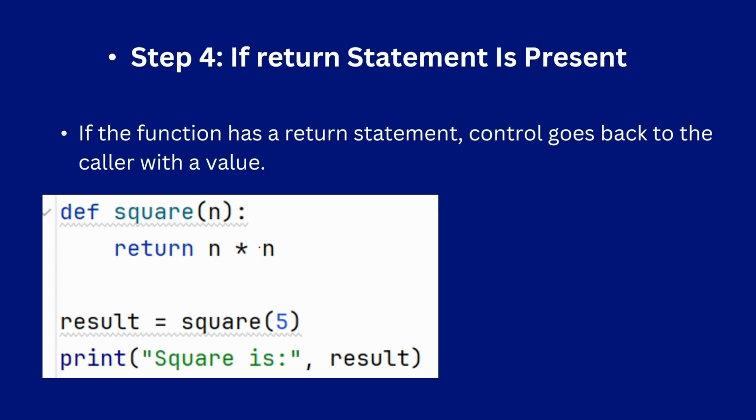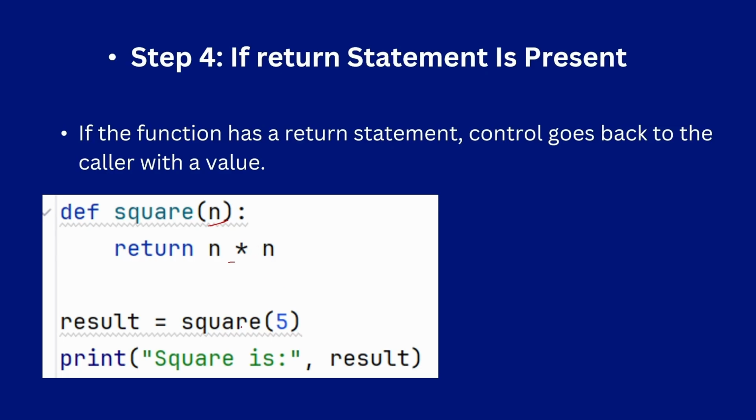Next, if a return statement is present. What happens if we are returning a certain value? If the function has a return statement, control goes back to the caller with a value. Here we have this function square, and we have this parameter n, and what we are returning is n multiplied by n, so n square.